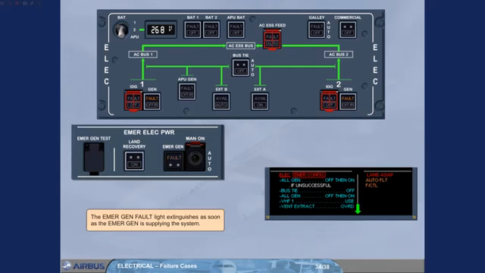The EMER GEN FAULT light extinguishes as soon as the emergency generator is supplying the system.